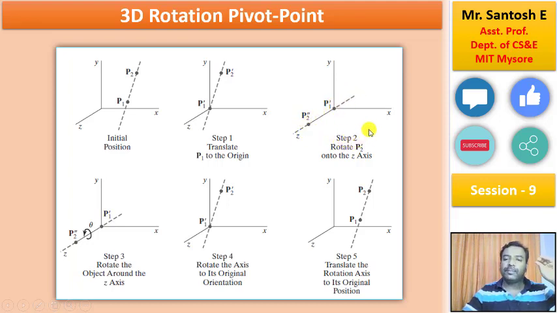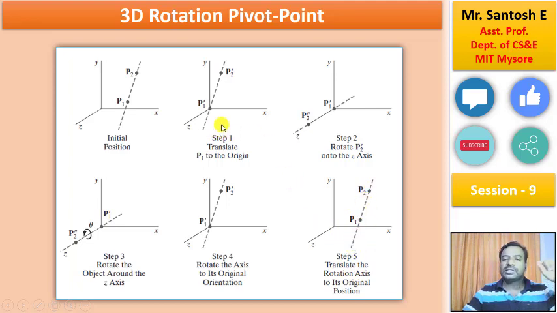Once step 2 is done, I rotate the object with respect to the Z axis, with whatever theta value I get. Once the rotation has been done, I need to re-rotate the axis to its original orientation. Now I need to retranslate the pivot point and the original point to its original position.